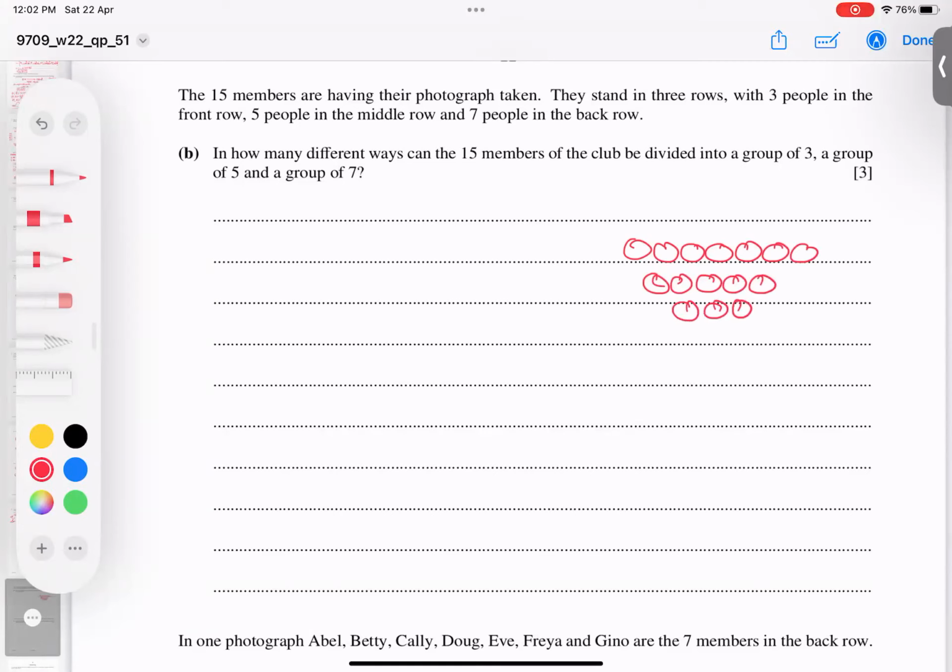So what is the method? First I can choose 3 people. I can start from here or I can start from here, no issue at all. So 15C3. When 3 people are selected from 15, 12 are left. 12C5. If 3 and 5, 8 gone, so 7 left. 7C7. This is okay, or you can go the other way. 15C7.